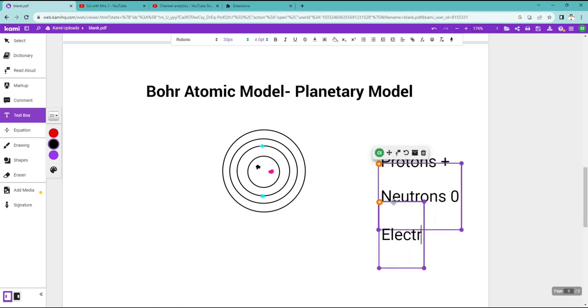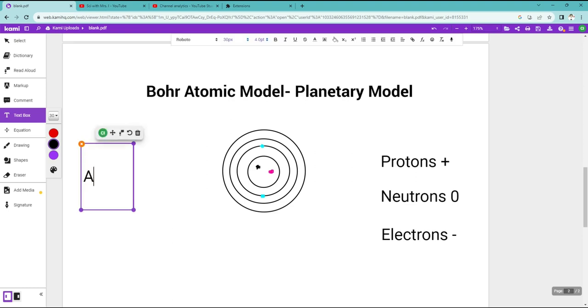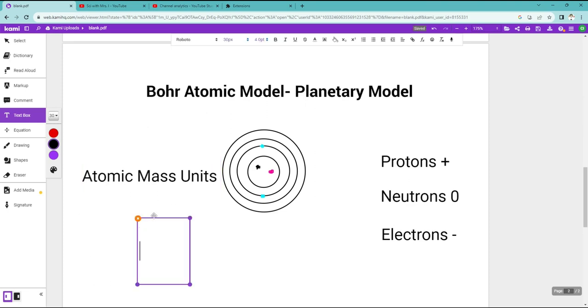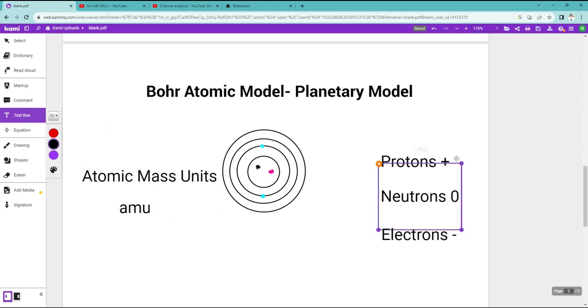So electrons are negative. Now, we can also look at these protons, neutrons, and electrons in terms of their atomic mass. We use a particular unit to talk about the mass of protons, neutrons, and electrons because they are so small. We use atomic mass units, or AMU. Protons have an AMU of 1.